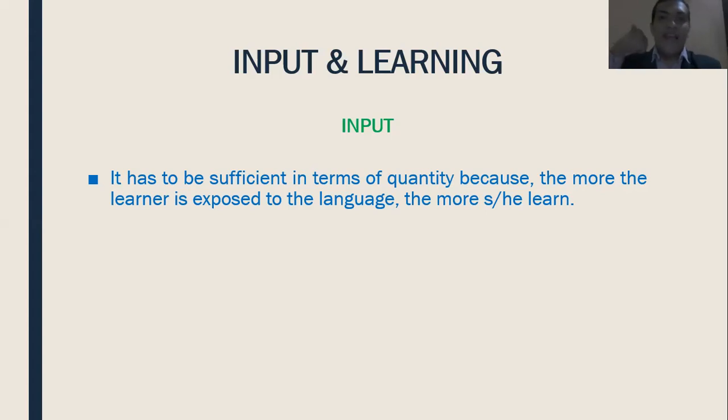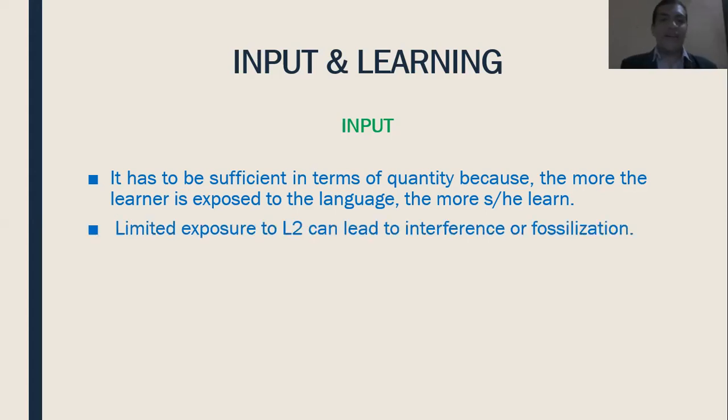If they listen to the new language, if they read in the new language, they will learn more about that language. That is input. Another characteristic is that limited exposure to language can lead to interference and fossilization. So that's why a student must be in a context where the language is spoken.